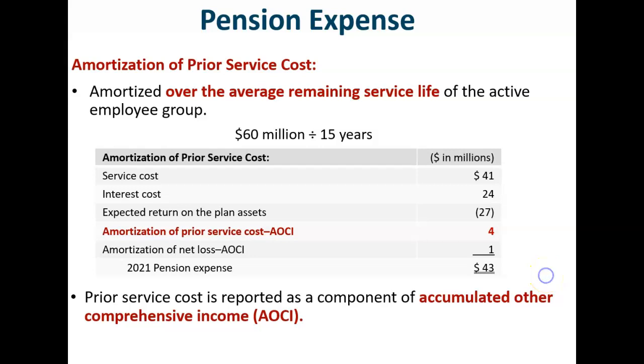And when the expenses are closed, they close to retained earnings. So as prior service costs are amortized, they move out of the other comprehensive income, which is an equity account, into retained earnings, which is also an equity account.